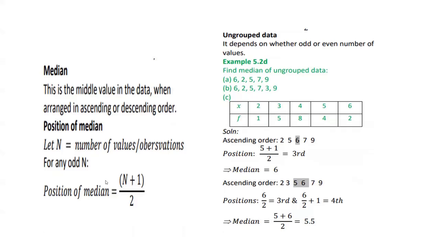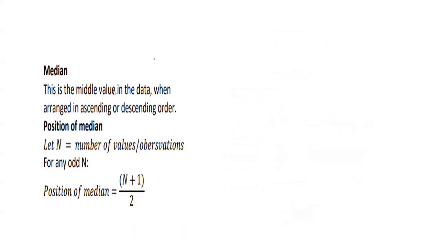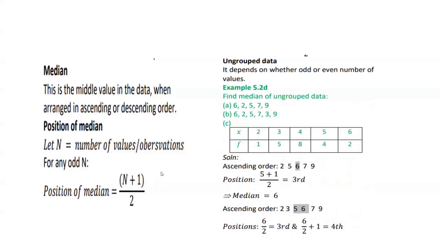So the next point that we are talking about is the median. A median is the middle value in data when arranged in ascending or descending order. So for any odd n, if you have the number of observations equal to n and it is odd, then the position of the median is always going to be n plus 1 divided by 2.